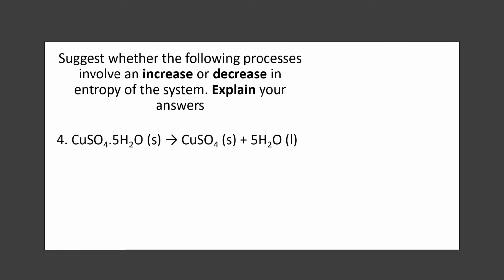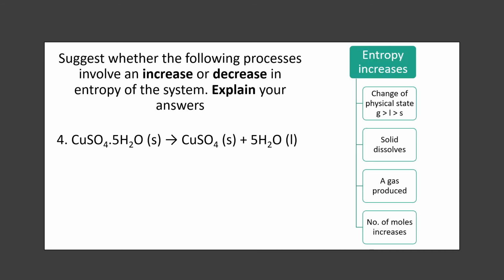Okay, so we've come to the fourth example. Here we have hydrated crystals of copper(II) sulfate decomposing to form anhydrous copper(II) sulfate and water. What do you think? You have your clue box on the side. Which one would you choose and how would the entropy change?